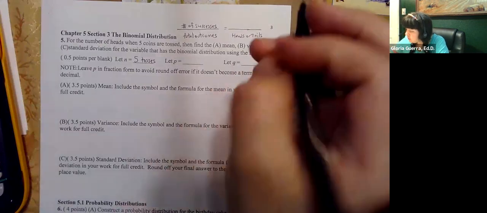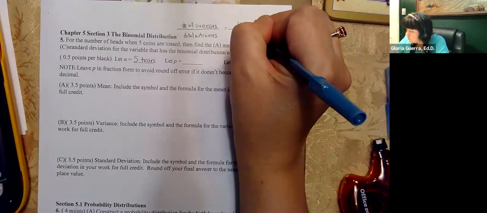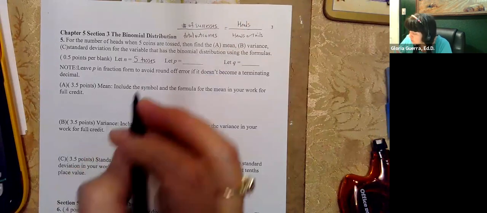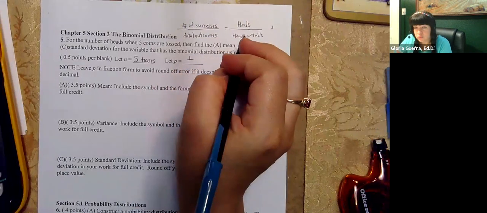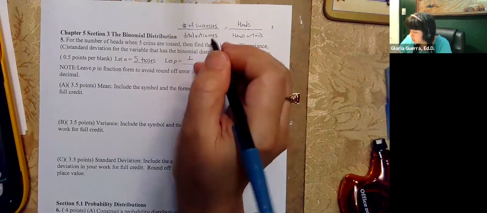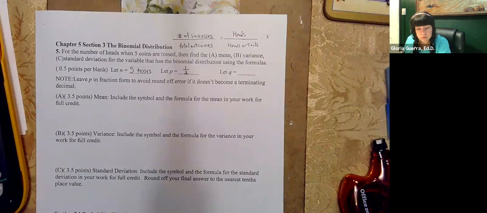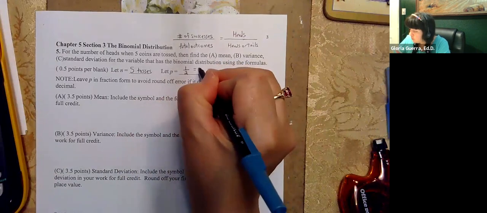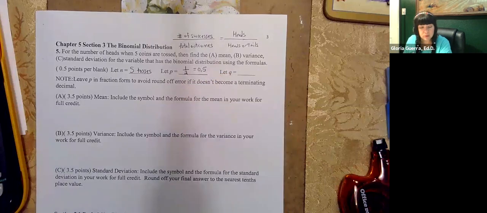And you're interested in the heads, right? So that's where the 1/2 comes in. A point is either heads or a tail, so the heads would be 1, and then there's 2 outcomes. Okay, and that also equals 0.5. Okay, your probability.